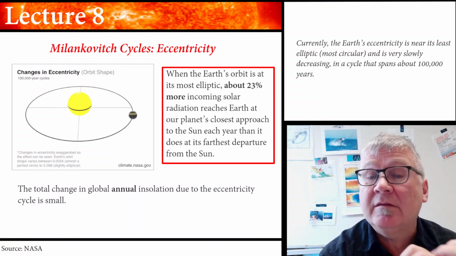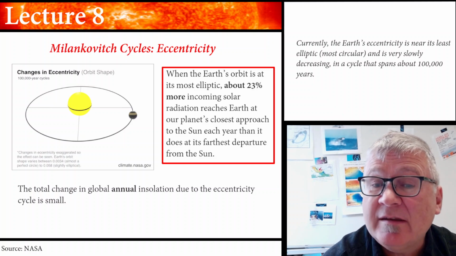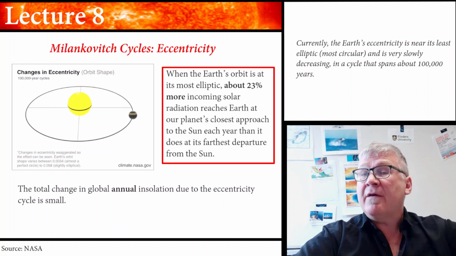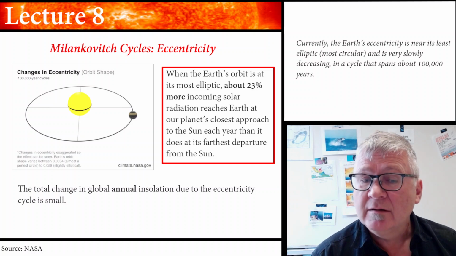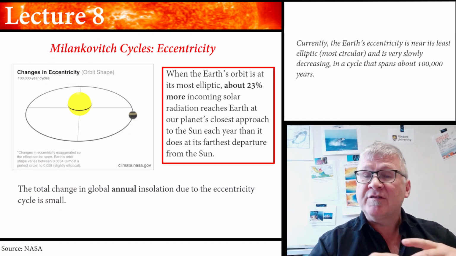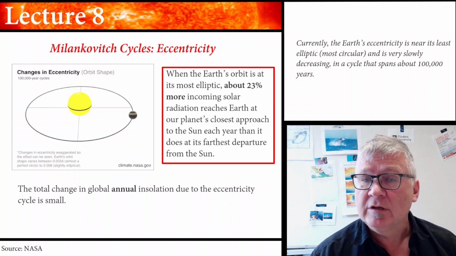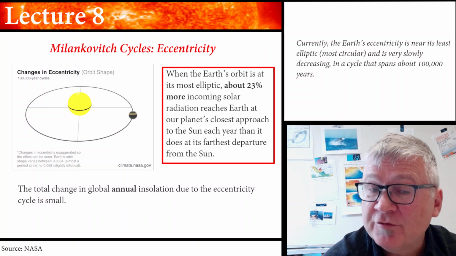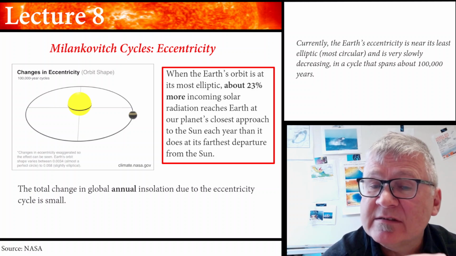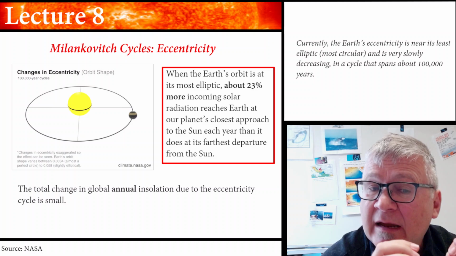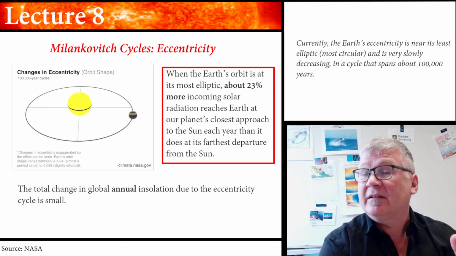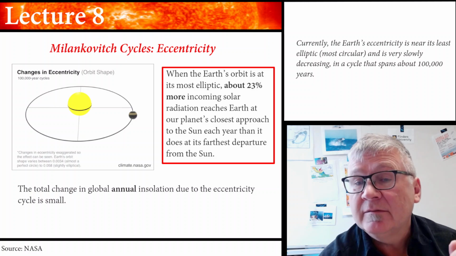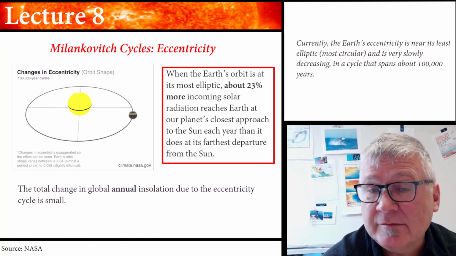It's a big deal, 23%, but not if you average it over the entire year. You get actually only a very small change in the annual solar radiation. So this is a process that influences the heat flux at a particular time of the year. It can be much bigger, about 23%.